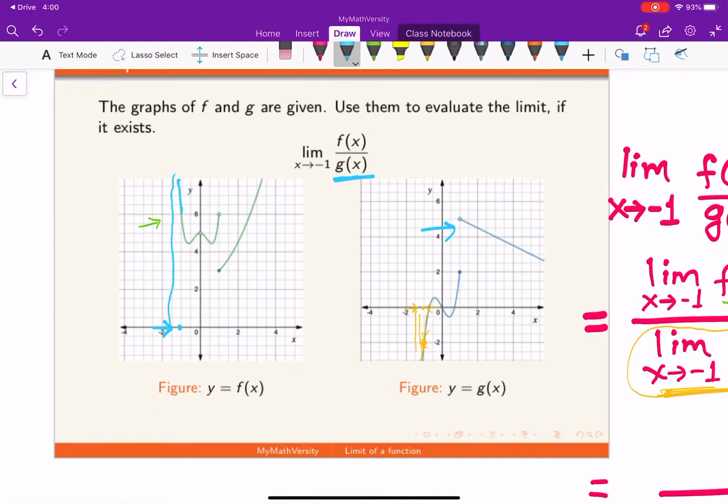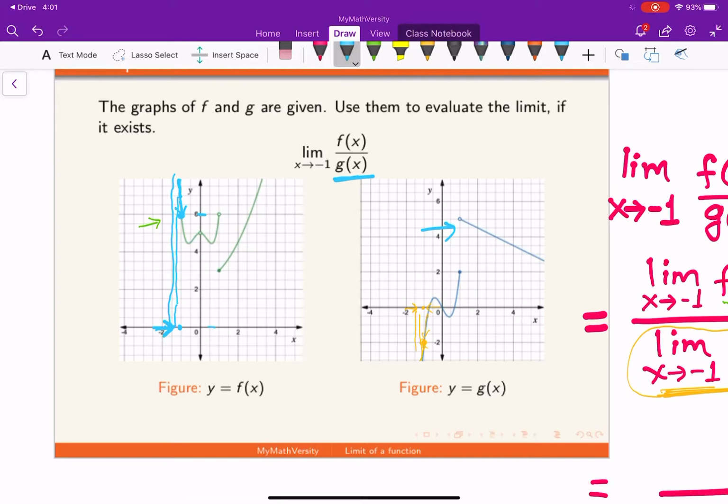But if I am nearby -1, the height of the curve is somewhere like that, and so on. Each time it's determined by this curve, and clearly when I go closer and closer to -1 from the left side, the y value will approach that location, which is 6. So that is the left side limit at -1 for the function f.